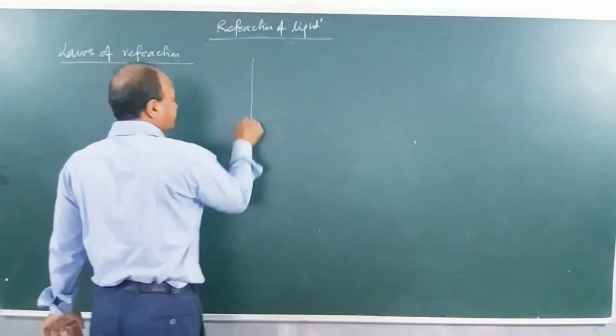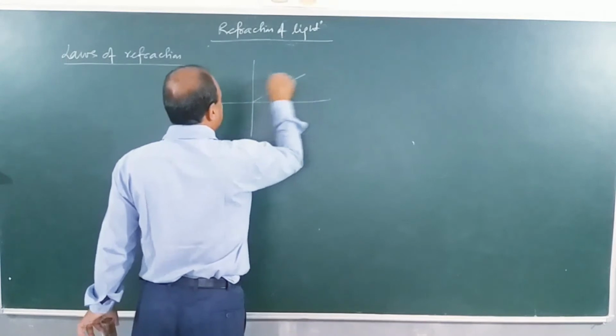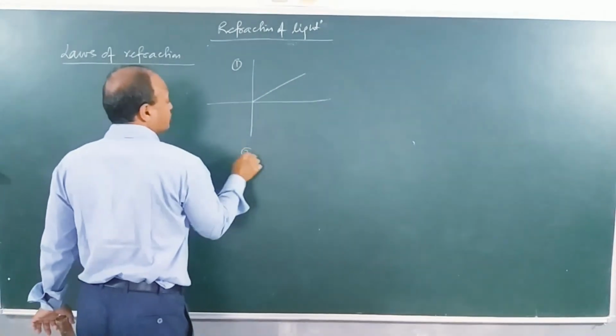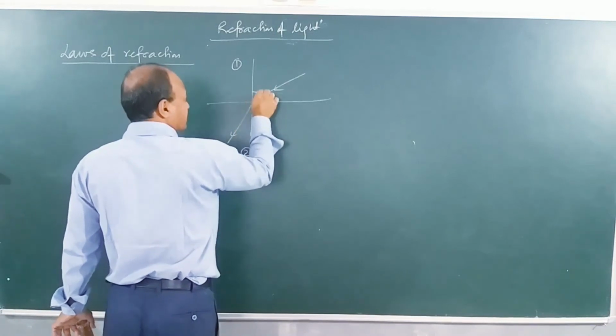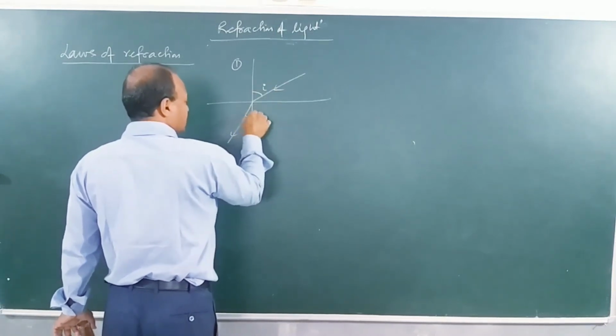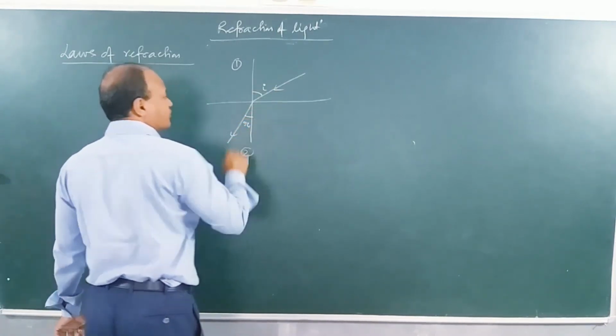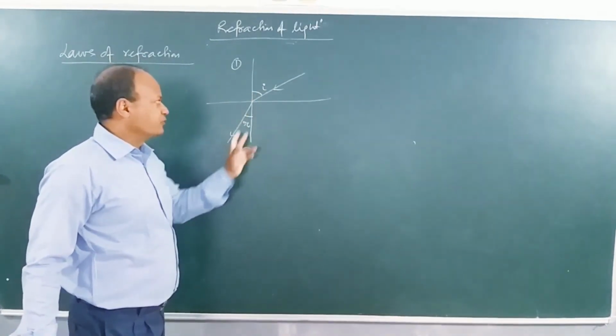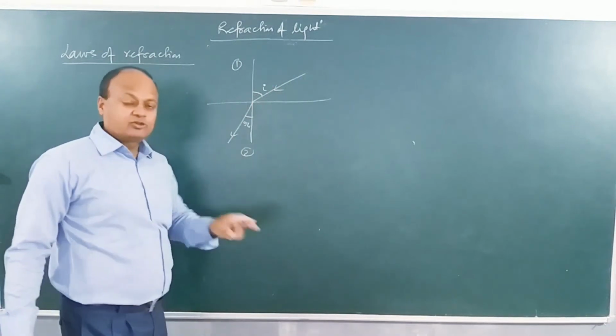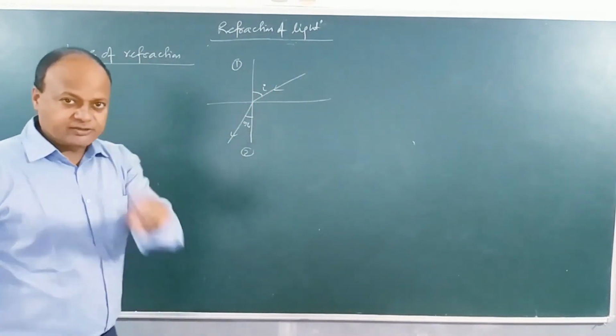The diagram. This is medium 1. This is medium 2. This is normal. This is incident ray. This is refracted ray. This is angle of incidence. And this is angle of refraction. I'm sure you all understand now: angle of incidence, angle of refraction, medium 1, medium 2, incident ray and refracted ray. There are two laws of refraction. The first law is law 1.